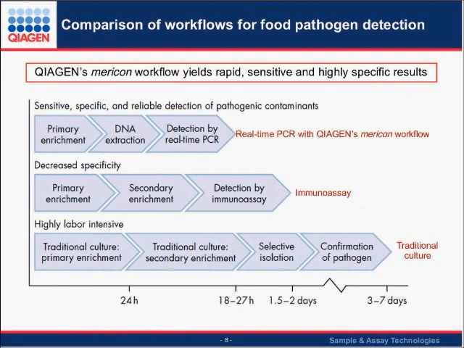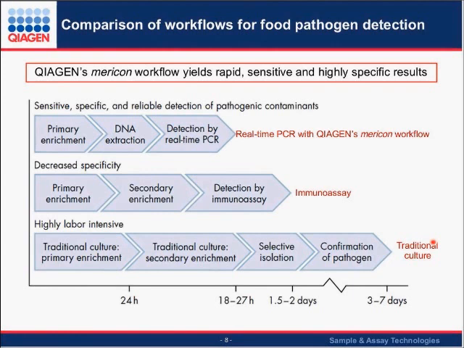Now, why is there so much interest in real-time PCR as a protocol in the food and environmental segments? If you look down here on the bottom, this is the traditional culture methods.